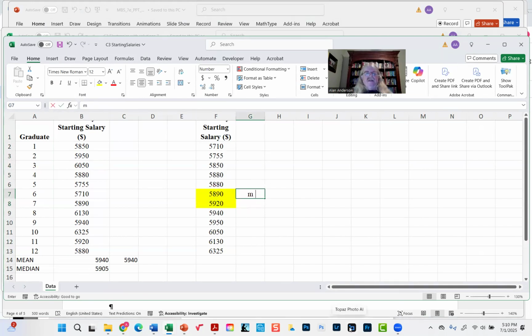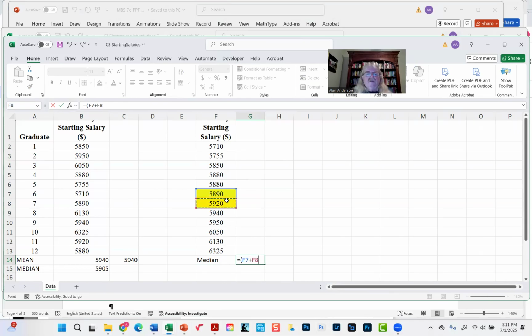So the median is the average of 5820. Was that 58? No, it was 5890. Okay. Let's write it down here so our view isn't blocked. 5890 plus 5920 over 2. And it's the same because that's exactly what Excel did.